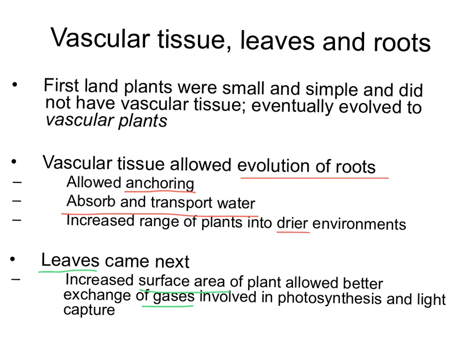And with the evolution of this vascular tissue, the roots and the leaves, so many problems were solved in terms of the challenges to moving onto land, including roots are able to help store water in case of drought.